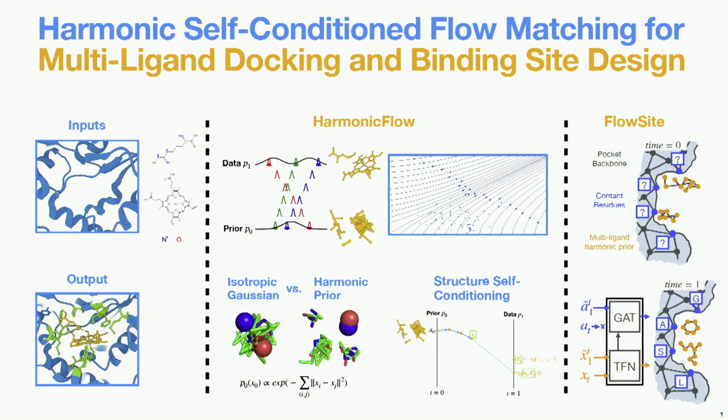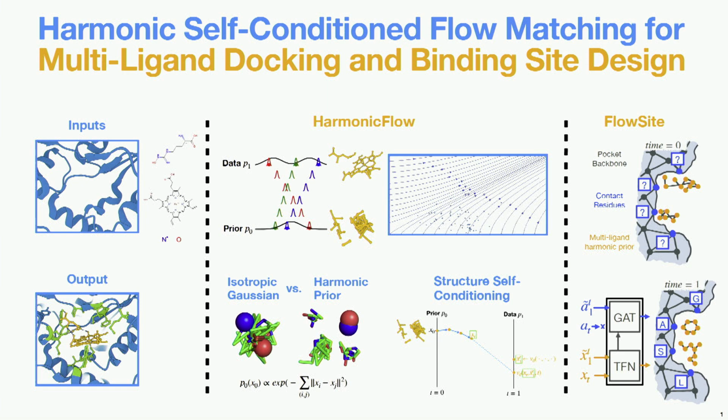Towards that, we first develop HarmonicFlow, which is a generative process just over molecular structures. There we use flow matching, which is a generalization of diffusion models with additional design flexibility that we make use of for multiple technical innovations. Here I'm going to highlight two of them.